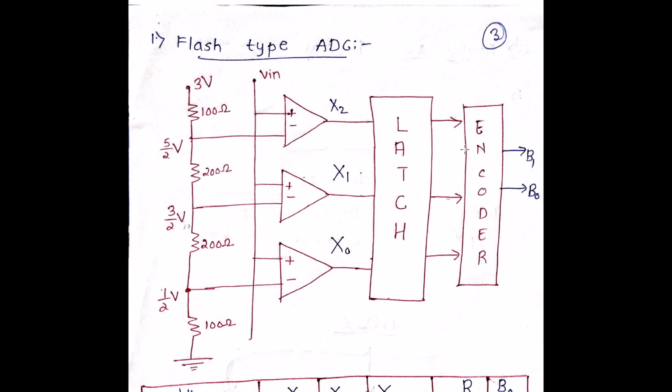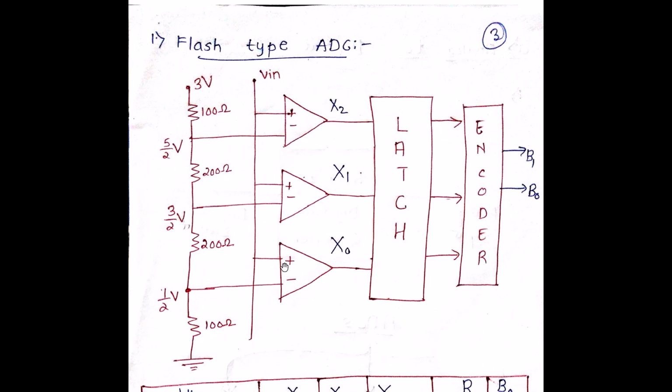So let's begin with the first kind of ADC that we'll be covering in this particular video lecture, that is the flash kind of ADC. Now, what do you understand by a flash type of ADC? If you look at the circuit diagram, we have a voltage divider kind of network, wherein we have a resistor, another resistor, another resistor, and another resistor.